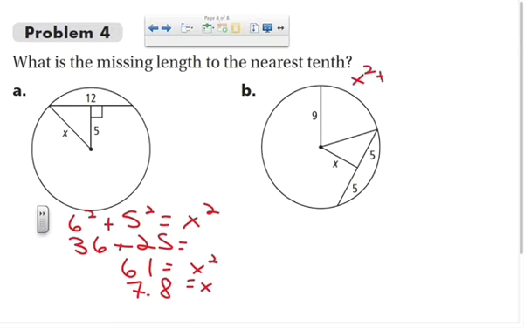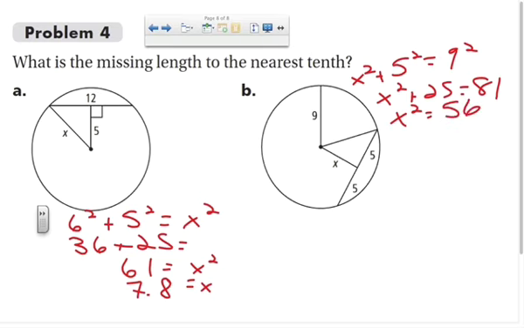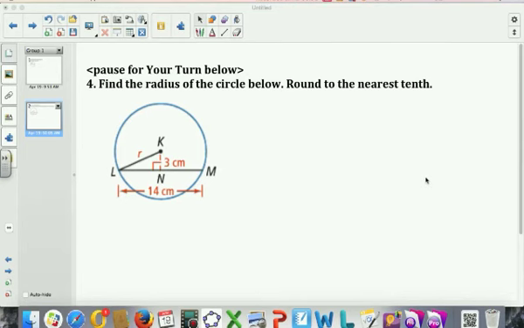So x squared plus 5 squared equals 9 squared. That gives about 7.5. Pause for your turn below.